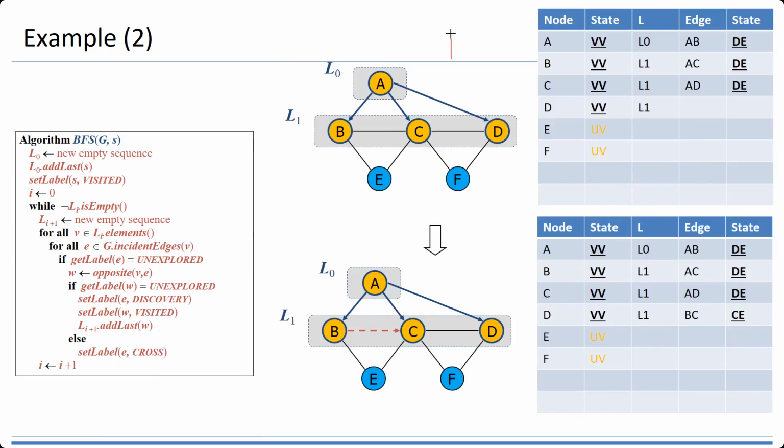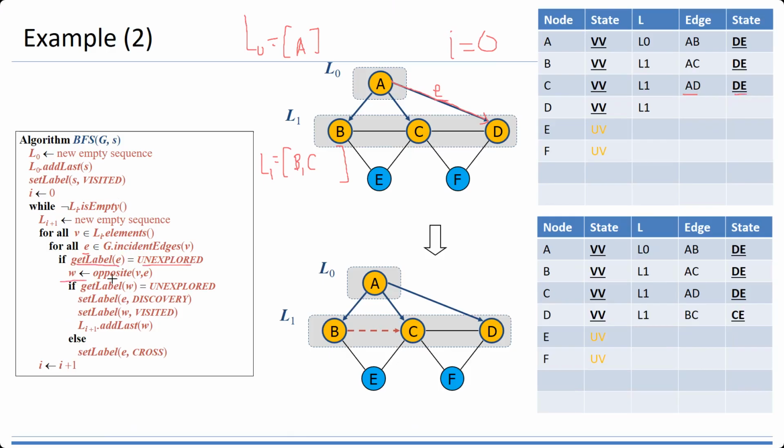Before, we have I equals 0, L0 equals A, and L1 is B and C. Then we want to explore A to D. Now we have this E, and we check the label of E. Is E unexplored? Yes, so AD is still unexplored.